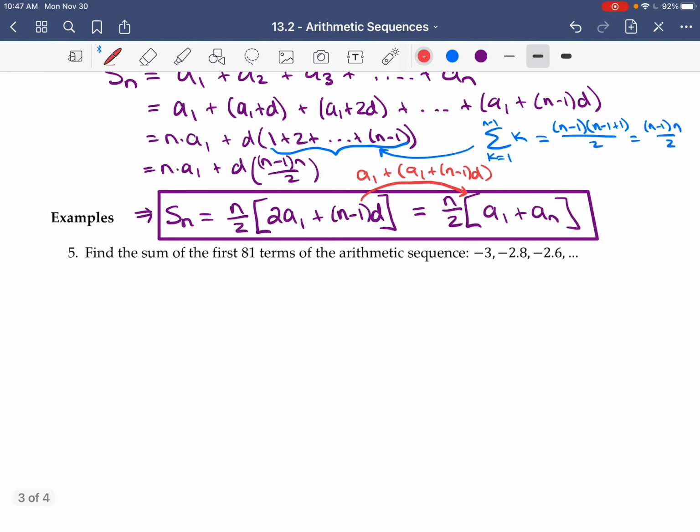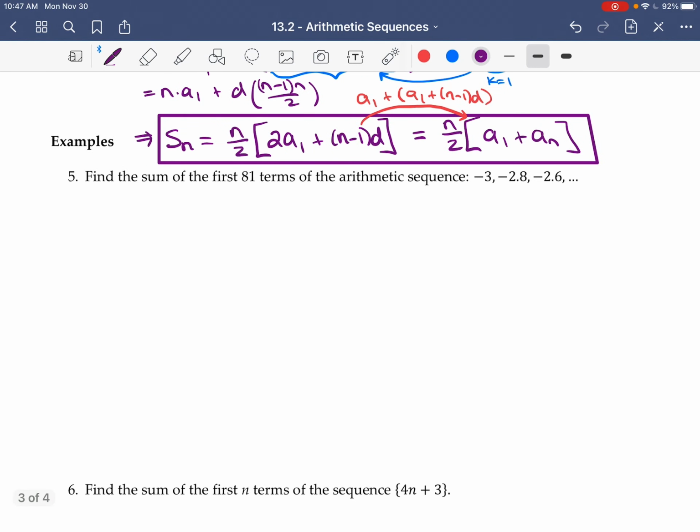Okay, so let's do an example here. I want the sum of the first 81 terms of this arithmetic sequence. They told me it's an arithmetic sequence, so I know I just want to add or subtract a number. Here I'm adding 0.2, and then I add 0.2 again, so probably my D is 0.2.